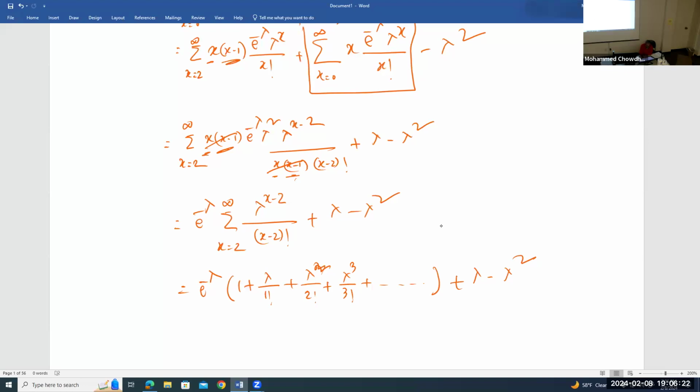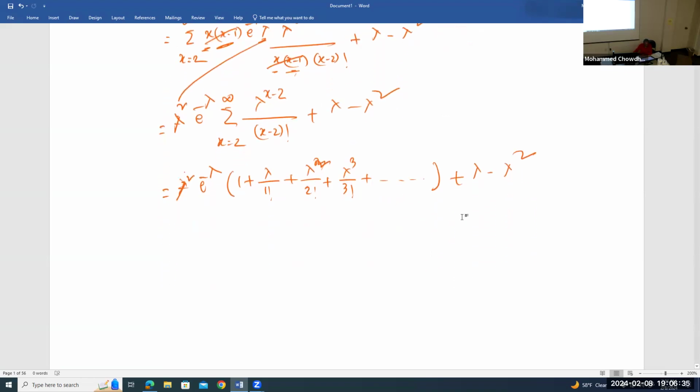We have a lambda in there, right? We have a lambda square there. Are you understanding?